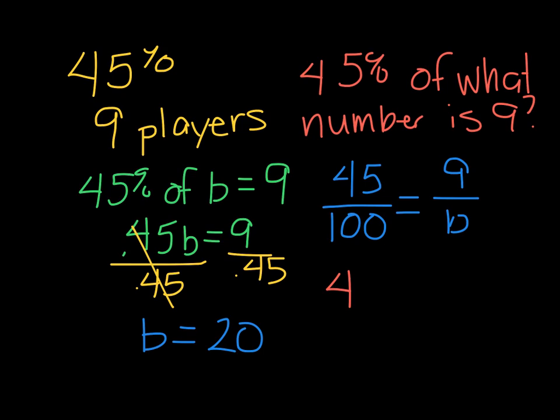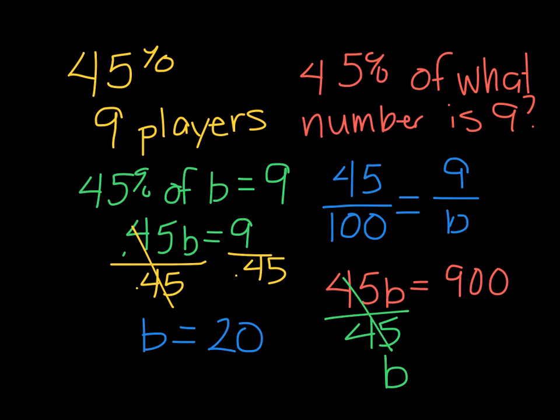I have 45B equals 9 times the 100 equals 900. And then I divide both sides by 45. So B equals 900 divided by 45 equals 20. So that's the two different ways that you can figure out how to find the original number when you're given a percentage of a group.